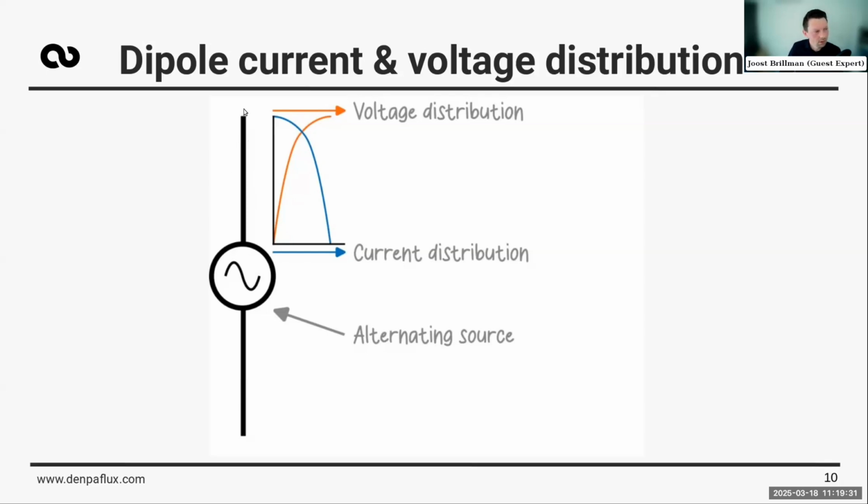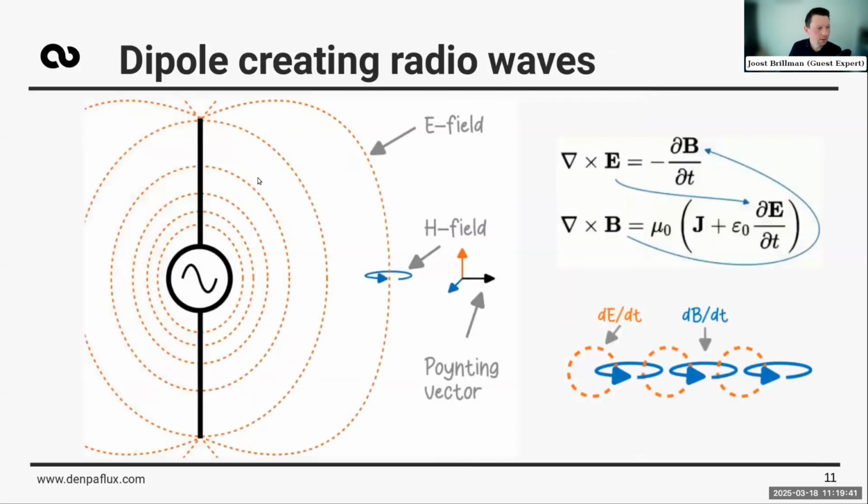So this voltage and this current that is flowing up and down in this conductor creates a field. You get an E field. It spreads out around the environment, and because of Maxwell's equations, the electric field is changing.